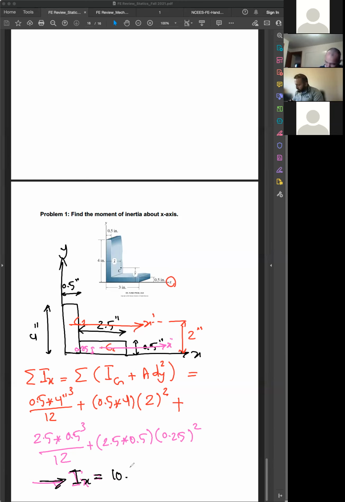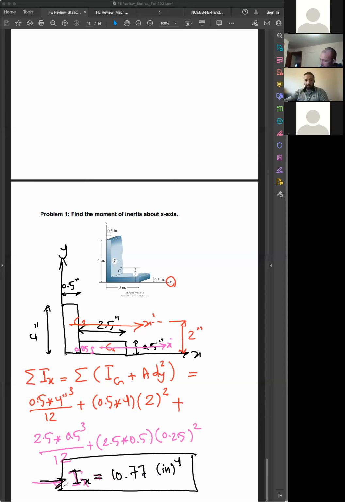So I got 10.77 inch to the power of 4 for the moment of inertia about the x-axis. All right. So this was the moment of inertia about the x-axis.